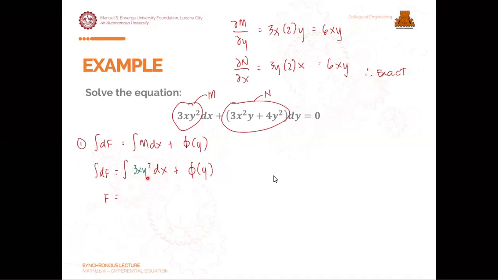So, constant is pwede nating ilabas. No? So, this will be 3y squared. Tapos, integrate natin yung x dx. No? So, times x squared over 2 plus phi y. Okay? So, yung value ng f natin ngayon will be 3 halves x squared y squared plus phi y. Okay? So, ito na yung first equation natin.